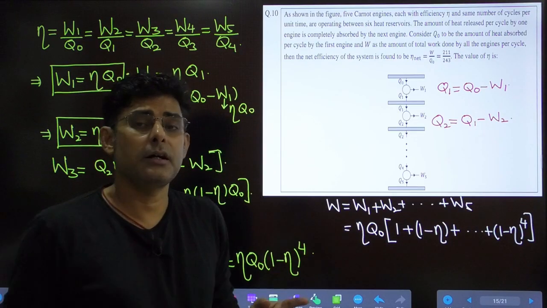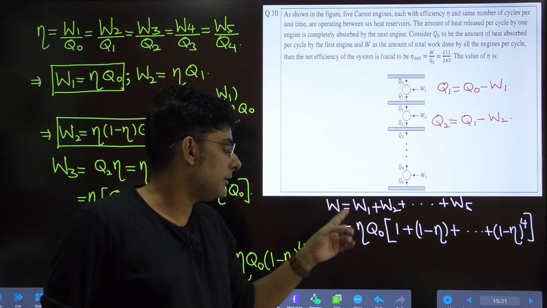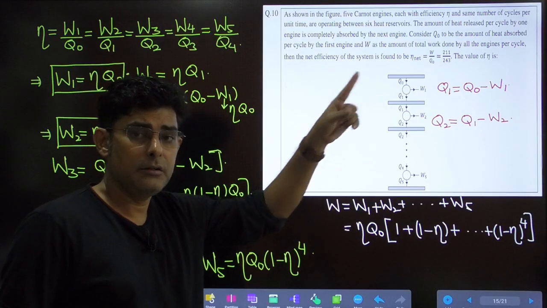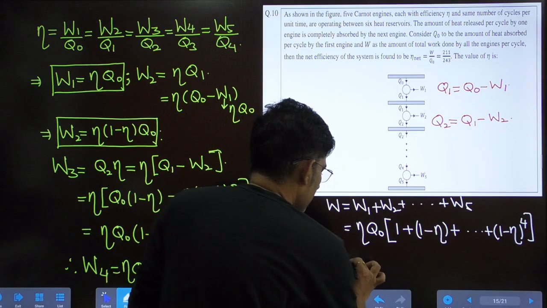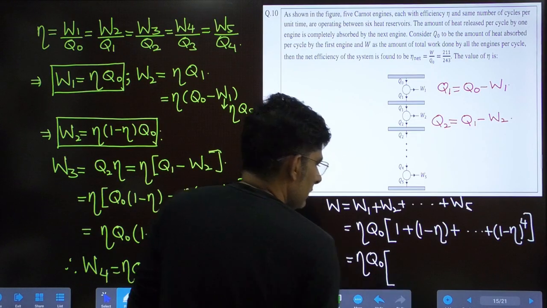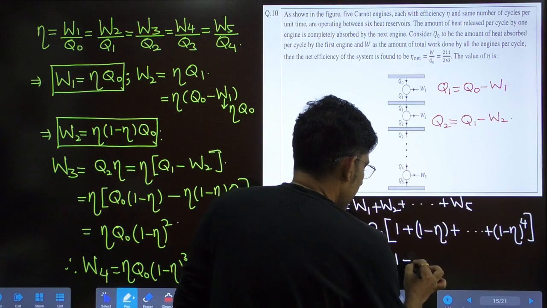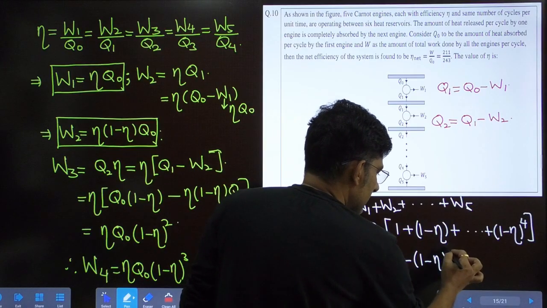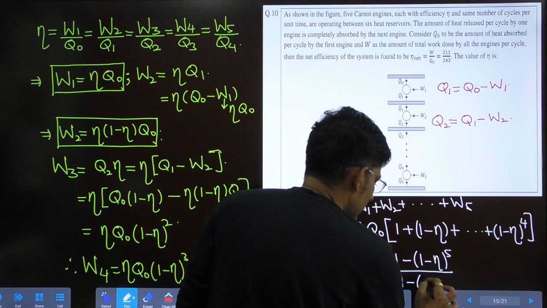The sum of a finite GP is A into 1 minus r to the power n by 1 minus r. So we can write eta Q naught, first term is 1, common ratio is 1 minus eta, 5 terms, divided by 1 minus r.